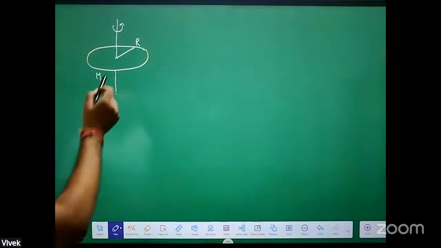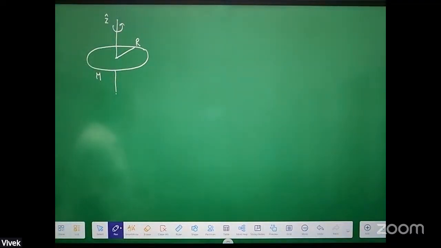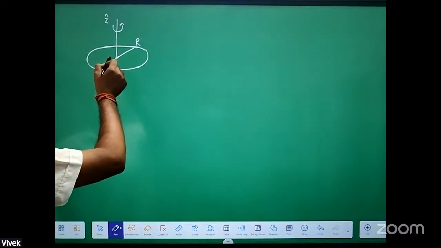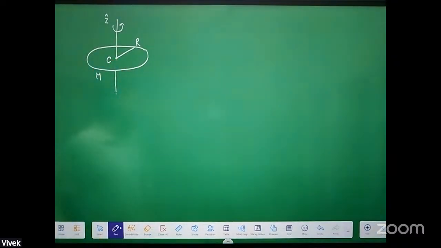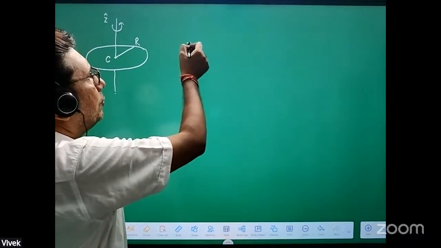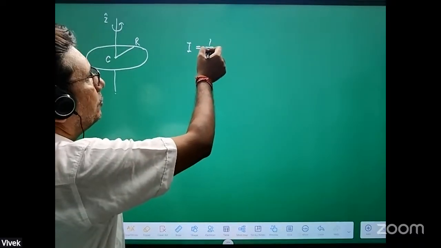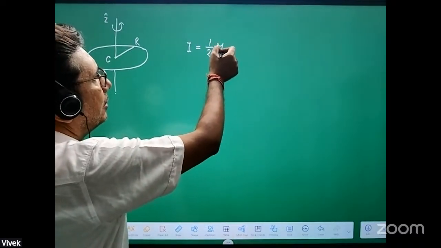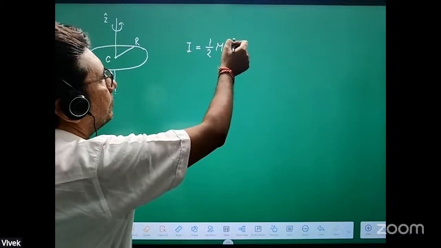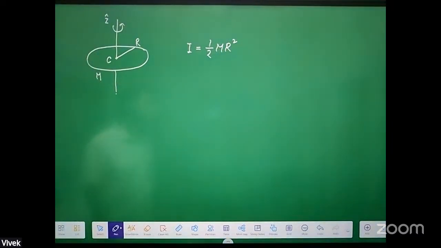So this disk is rotating about this axis, I call it, suppose, z cap axis, that is passing through its center. So what will be the moment of inertia? I will explain how to find it, but most of you know it. This will be 1 by 2 mr square.